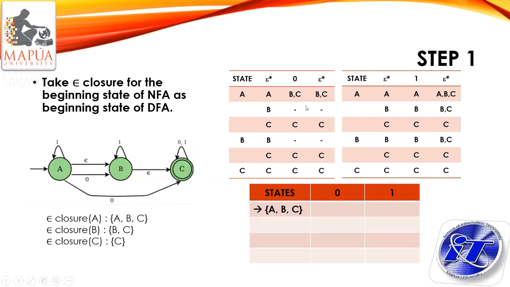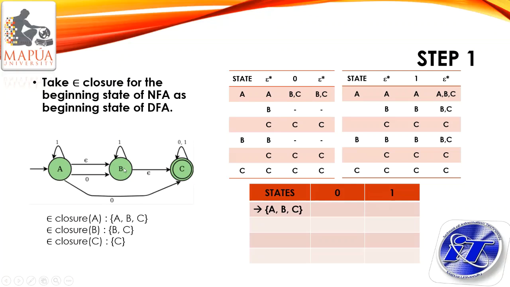Let's consider first the path for all inputs, considering state A, state B, and state C. Let's start with A. The epsilon closure of A is ABC, so we determine the next path considering all the states in the closure of A. Considering A first, if it's 0, it could reach B and C. So we have BC, and the epsilon closure of BC is just BC.